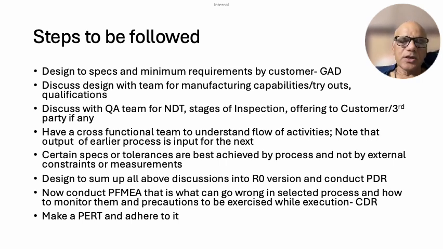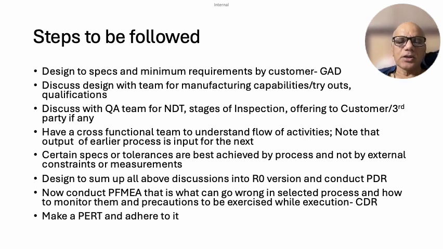Once you have a CDR, then you can really run and further optimize this process without changing the essential and non-essential variables, and then create a PERT chart and adhere to it while you are in production mode. So this is the importance of codes, standards and the various steps to be followed.